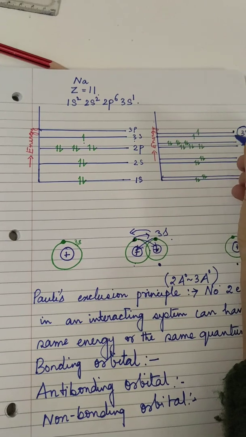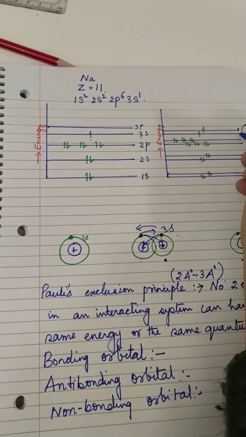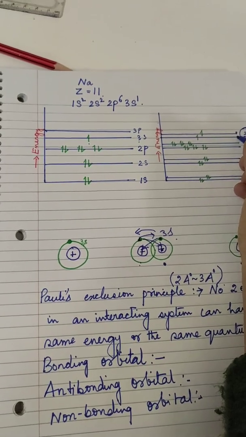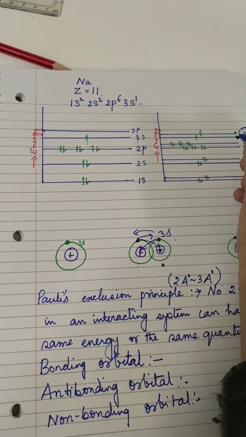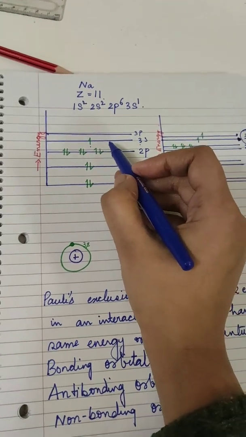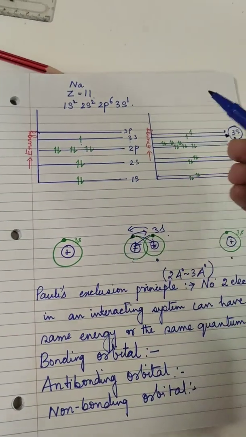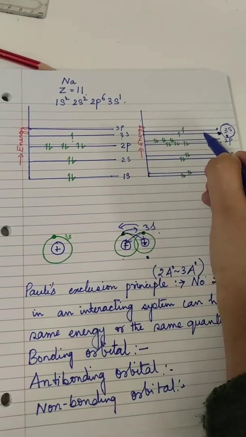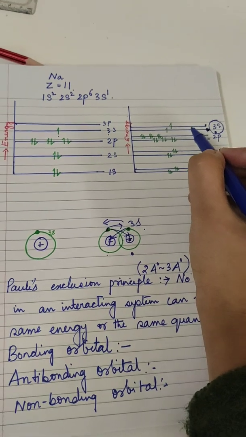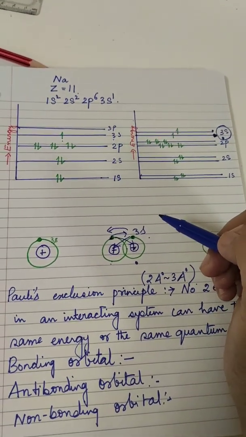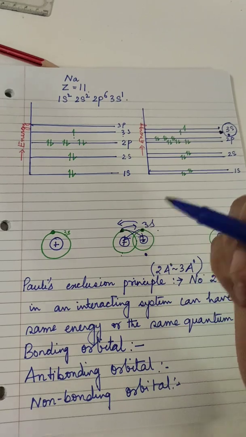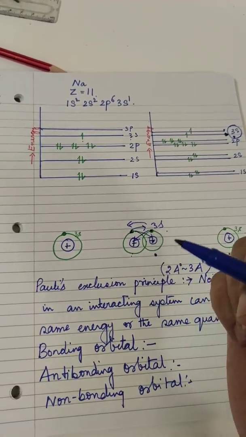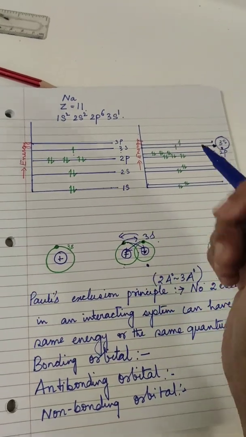This energy level forms a bonding molecular orbital. It means the energy of this molecular orbital is less than the energy of the atomic orbitals forming it. It is the overlapping of two atomic orbitals to form a molecular orbital, and it has energy less than the constituent atomic orbitals, thereby promoting the chemical bond between the atoms.